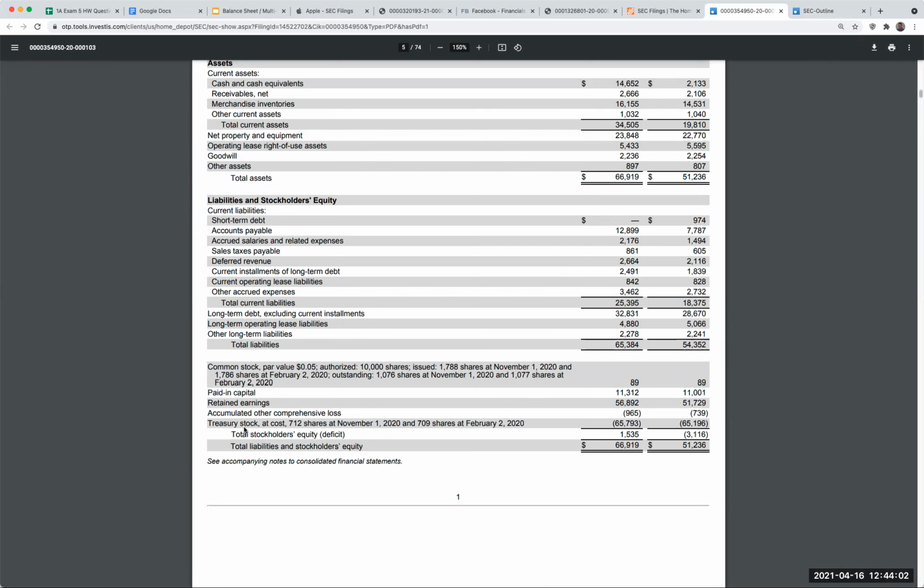It's when we buy back our own shares. So Home Depot has repurchased 712 million of their outstanding shares, meaning that they're slowly reacquiring all of their stock. That's what Home Depot has done for a very long time.